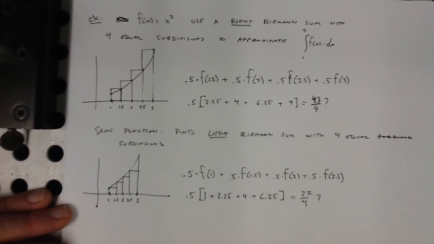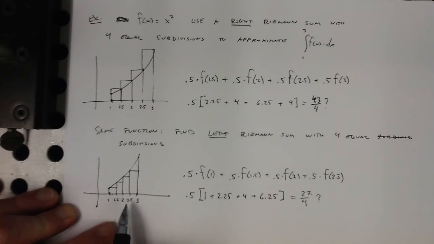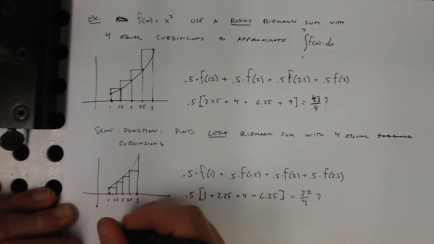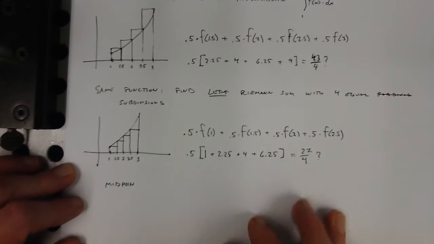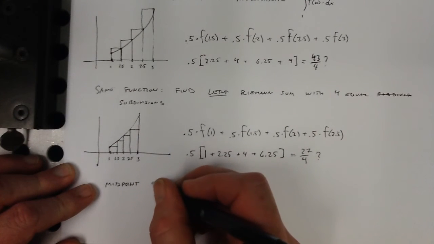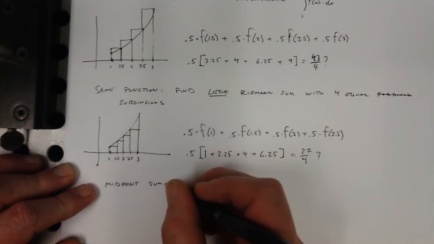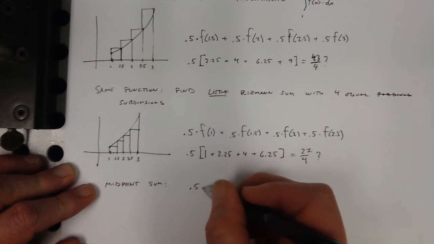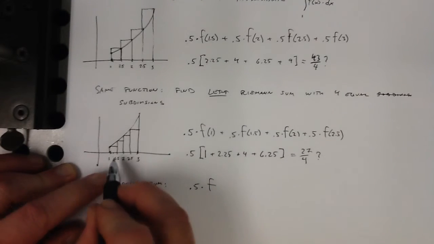Okay. There's also something called a midpoint rectangle, where instead of using the left or the right edge, you use the midpoint. So here that would have to use 1.25. Let me just write out what it would look like, and you can try it in your calculator if you want. I'm not going to chance that one. Midpoint sum here would have 0.5 times, and then we use the midpoint of each interval.